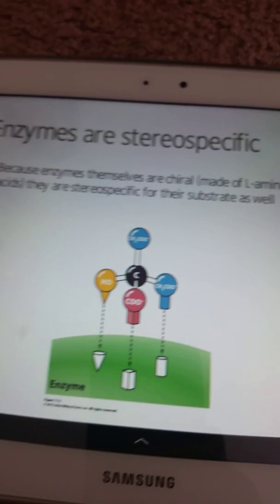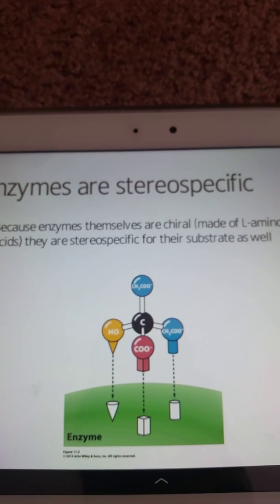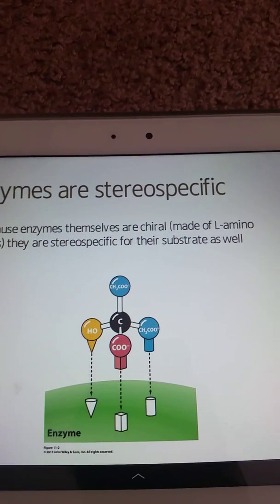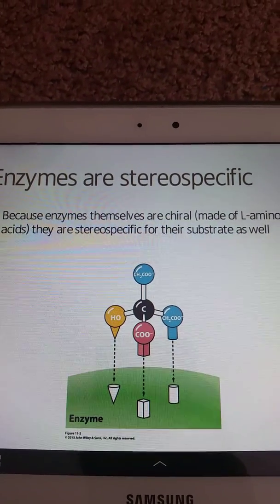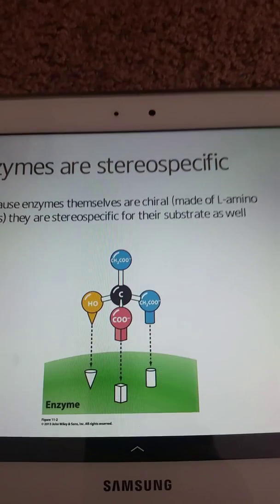Enzymes are stereospecific. This is primarily because enzymes themselves are chiral. Remember, all of the amino acids in nature are L amino acids. Therefore, they are stereospecific for their substrate as well.